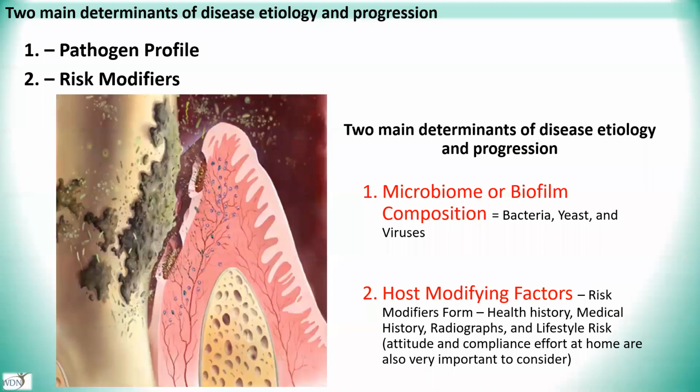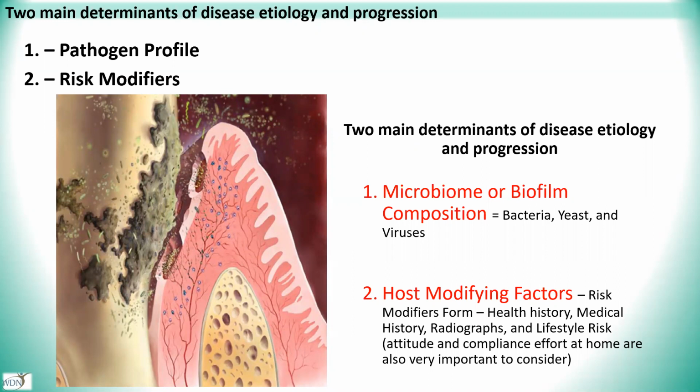And the question that we asked in this particular case is, look, there's two main things that determine this disease. It's going to be the pathogen profile, how bad are the pathogens, and then what modifies the risk. Well, she doesn't smoke. She doesn't have diabetes. So maybe I don't know all that I need to know about the pathogen profile.